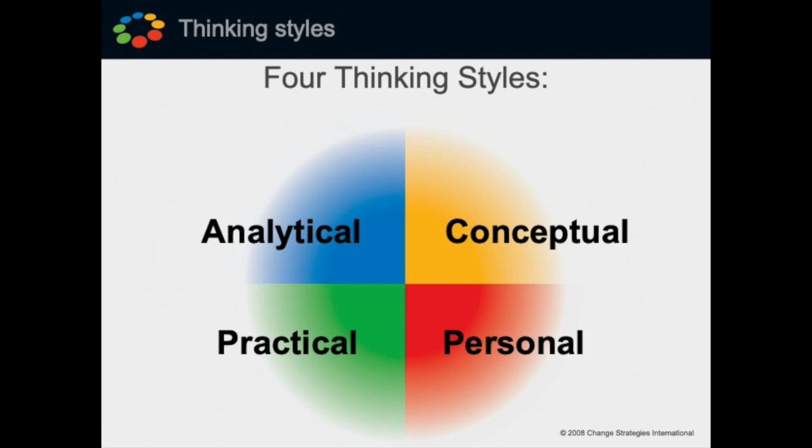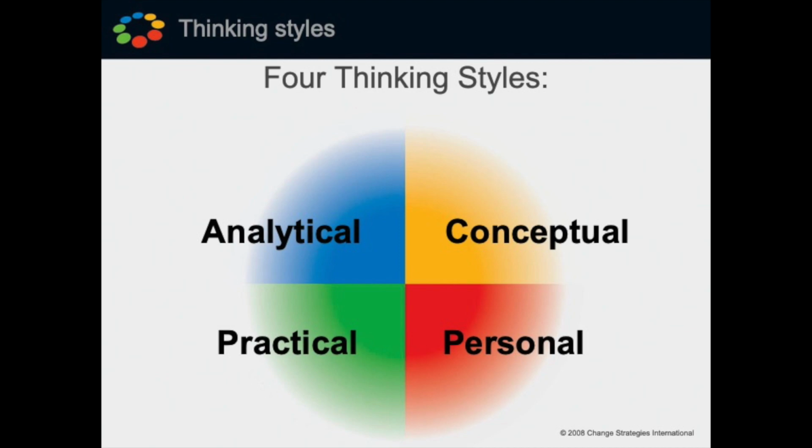He basically found that amongst all the people in the world, there are 4 fundamental thinking styles. And he color-coded them just to make it easy to understand. The yellows are conceptual, the blues are analytical, the greens are practical, and the reds are personal.